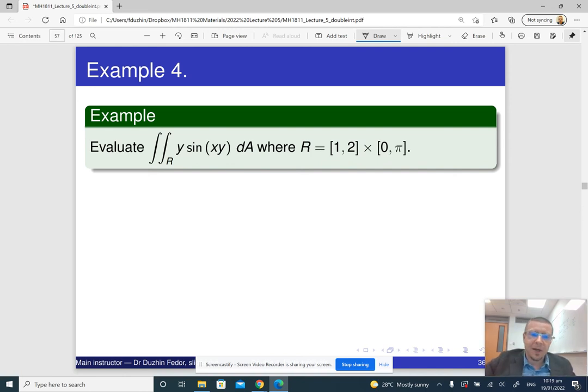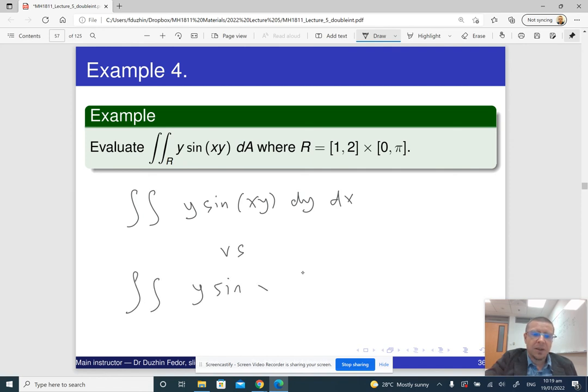All right. So example 5. Now basically when we do this, we have a choice. We can rewrite it as a double integral of y sine xy dy dx versus the double integral of y sine xy dx dy.